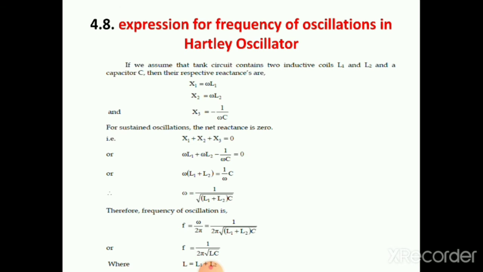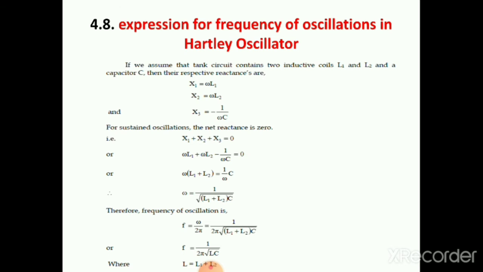If we assume that the tank circuit contains two inductive coils L1 and L2 and a capacitor C, then their respective reactances are X1 equal to omega L1 and X2 equal to omega L2. And X3, across the capacitor, is equal to minus 1 by omega C.